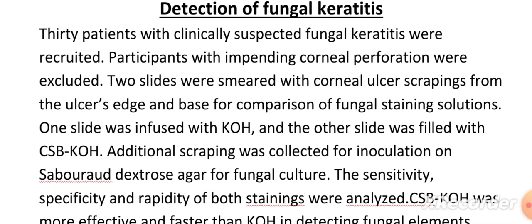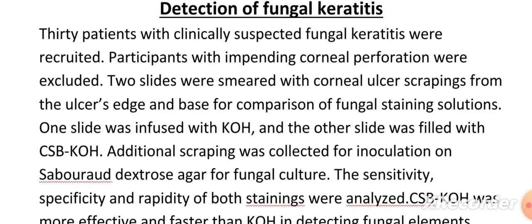The last application is how we can detect fungal keratitis using potassium hydroxide solution. In this research, 30 patients who were clinically suspected of fungal keratitis were recruited. Participants with impending corneal perforation were excluded. Two slides were smeared with corneal ulcer scrapings from the ulcer's edge, for comparison of fungal staining solutions.